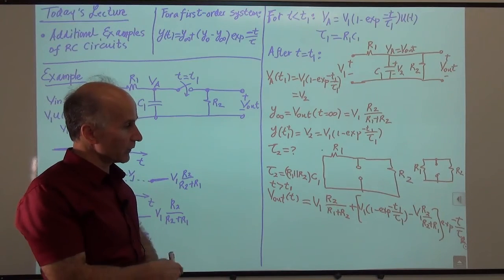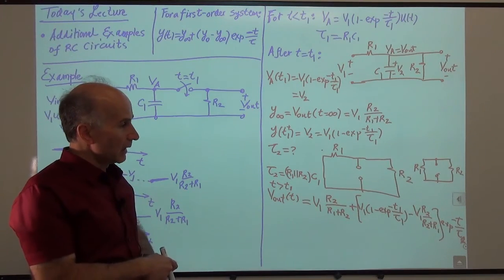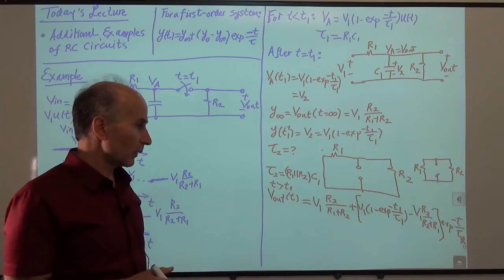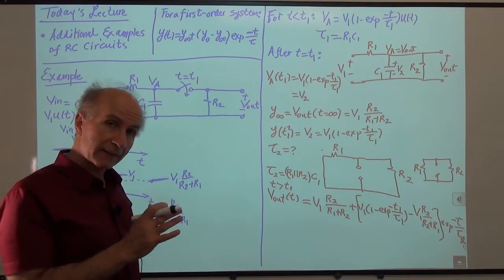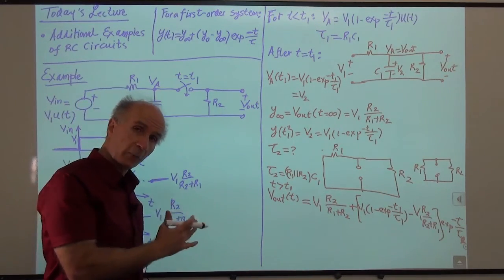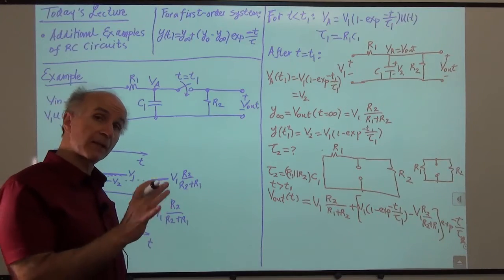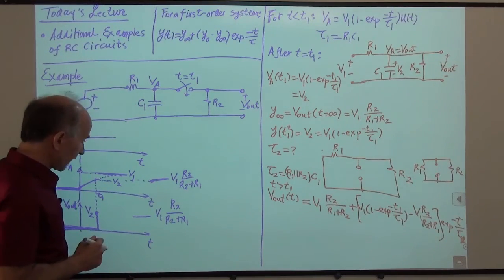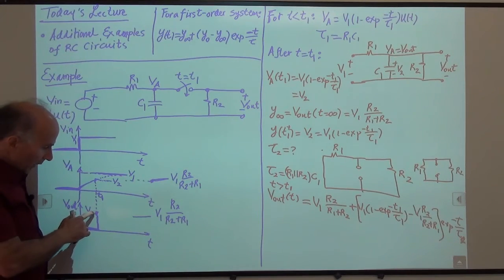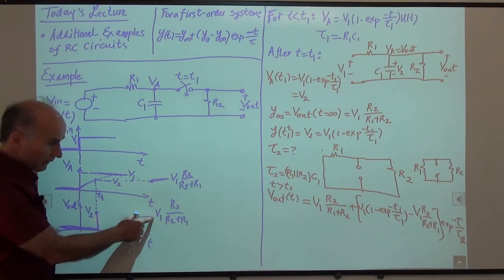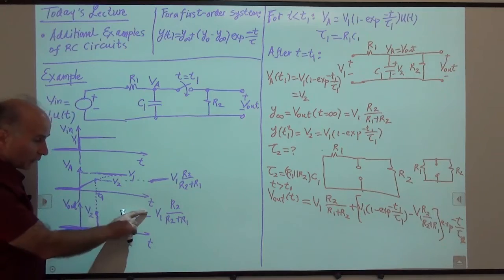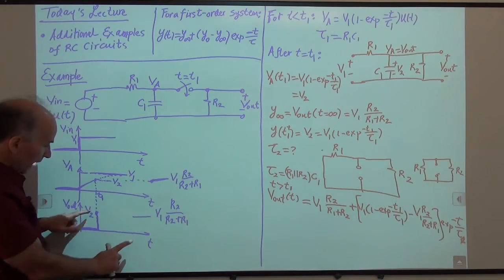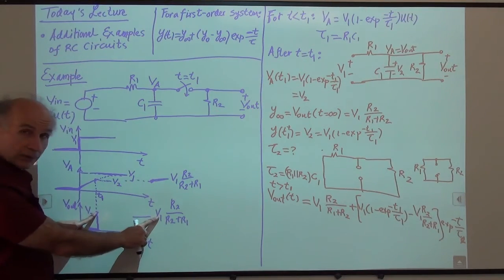Tau 2 is this value, tau 1 is this value. Okay, very good. So that's what we observe. So we can try to plot this equation, but we guess that the shape of the output waveform somewhat depends on certain things. In particular, what we have to ask is, are we going down toward this value, or are we going up toward this value? In other words, how does V2 compare to this voltage?